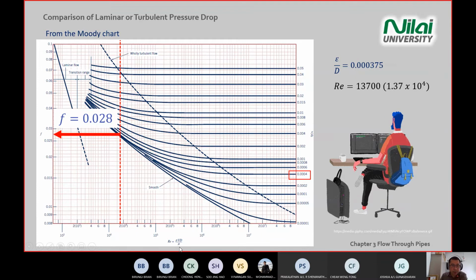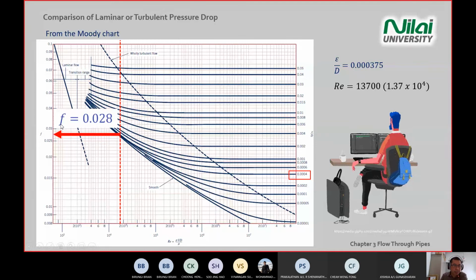So first, you start with the Reynolds number, you draw a line, and then you can either enter from the left or right. In this case, we have the right-hand side value, 0.00375. We enter from the right, intersect with the vertical line, then draw to the left. You get one value on the left.